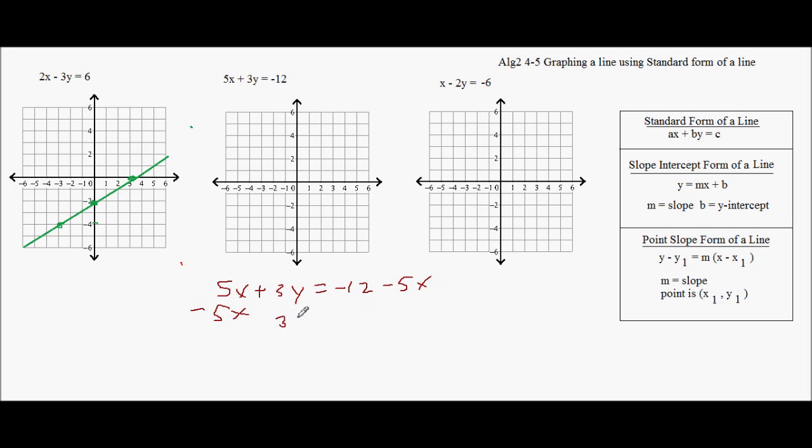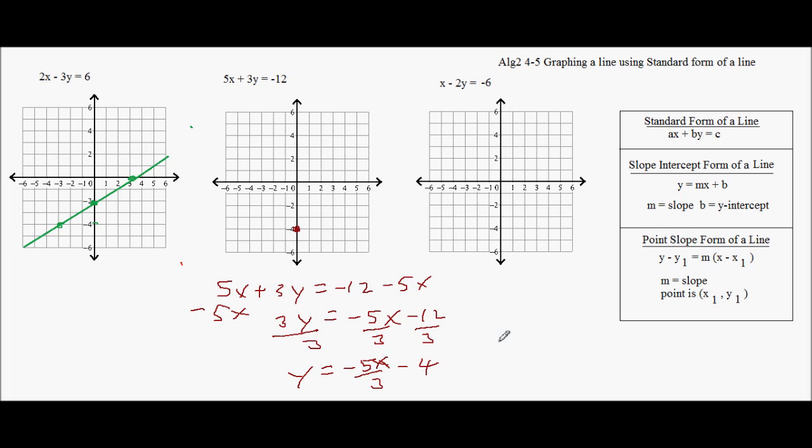I get 3y equals minus 5x minus 12, divided by 3, and I get y equals minus 5x over 3 minus 4, right?